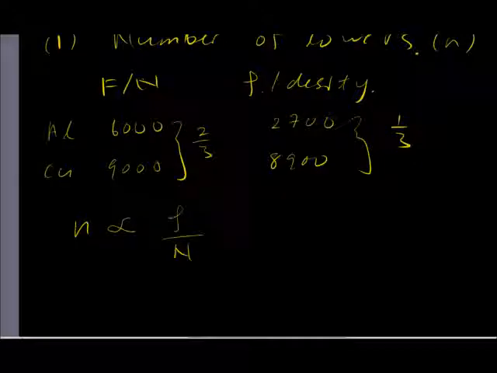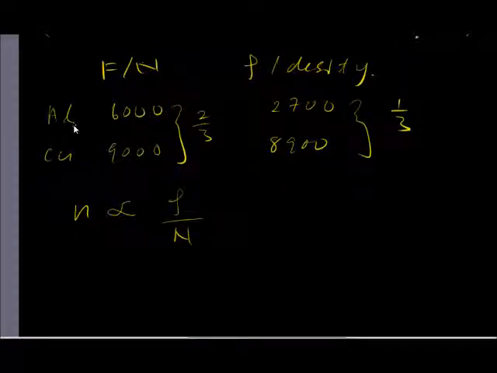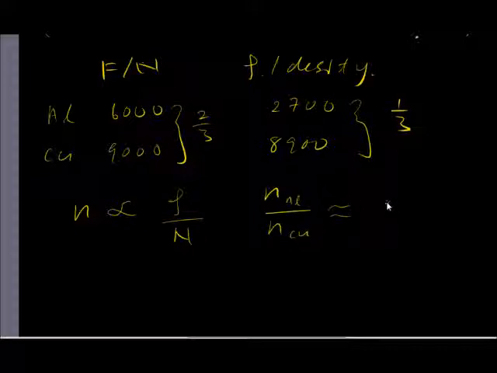So in the case of aluminium, we just need to take the ratio between the aluminium and copper in order to compare the number of towers that we need for both cases. So the number of aluminium towers versus the number of copper towers will be given by approximately this number here divided by this.